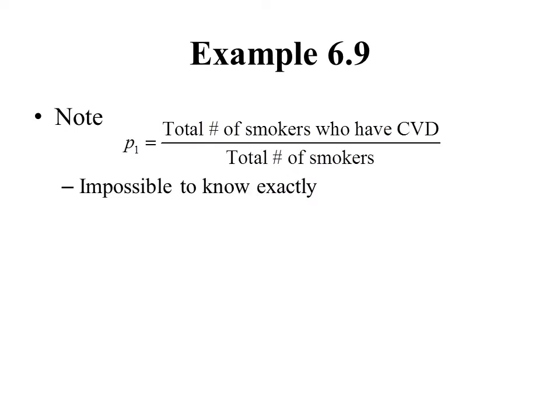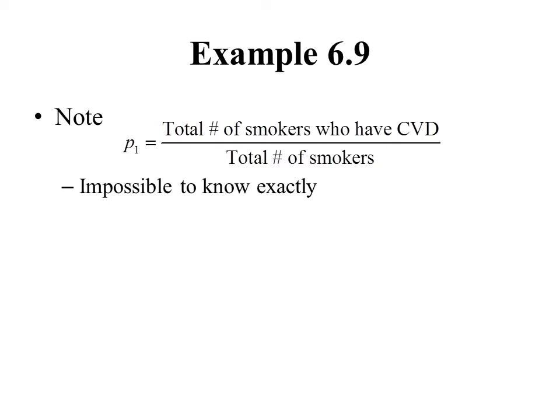Okay. Well, let's make an observation here. P1, the point prevalence of the population of all smokers, is equal to the total number of smokers who have cardiovascular disease divided by the total number of smokers. So in order to find the exact value of P1, I'd have to go out and survey every single smoker, determine if they have cardiovascular disease or not, take the number that do, divide it by the total number of smokers, and that's how I'd find the exact value of P1.